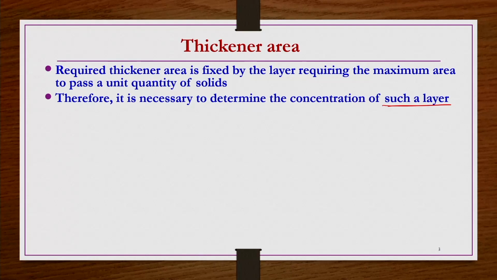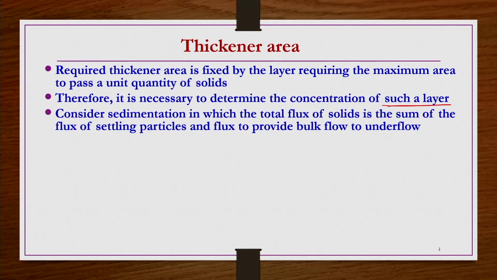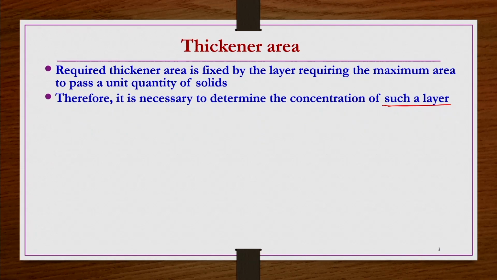Okay. But is that information sufficient? Not at all. We need more information. We need to know the solids flux with respect to the concentration for different time intervals. Once we have that, from there we can get the required area for the design of the thickener.